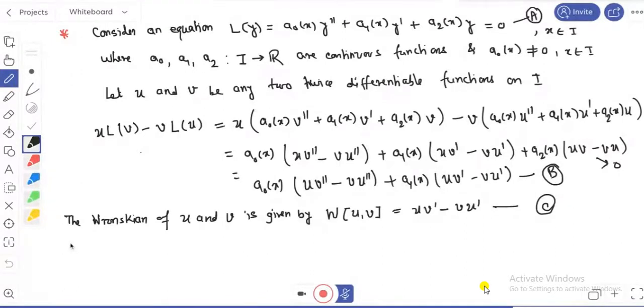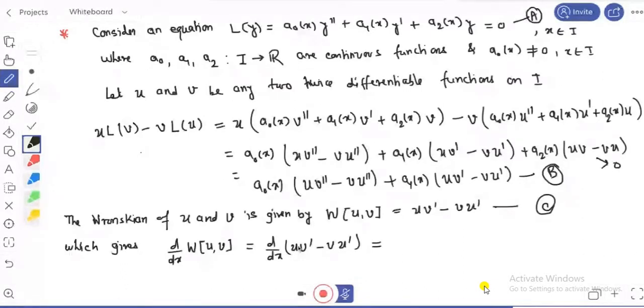If we differentiate this Wronskian, differentiating over x the Wronskian of u and v, this equals d/dx of (u v' minus v u'). Since these are twice differentiable functions, we use the product rule: first function times the differentiation of the second, plus the differentiation of the first times the second, minus the same for the other term.